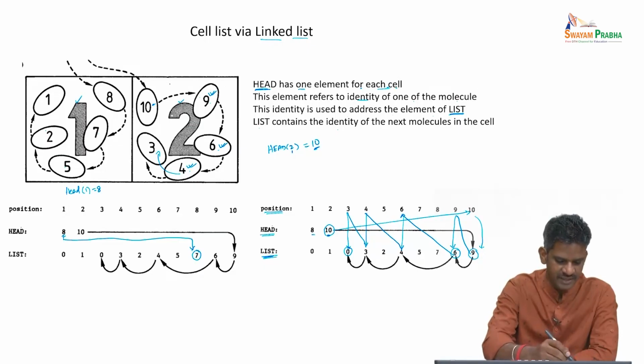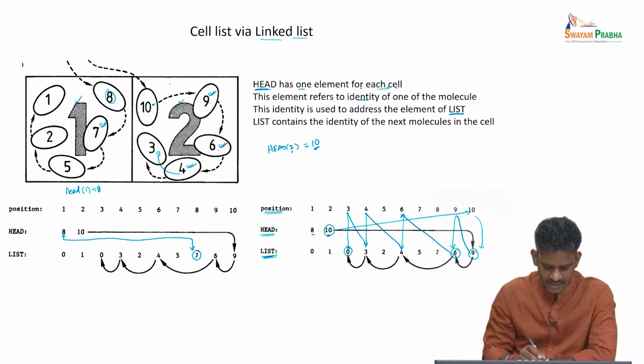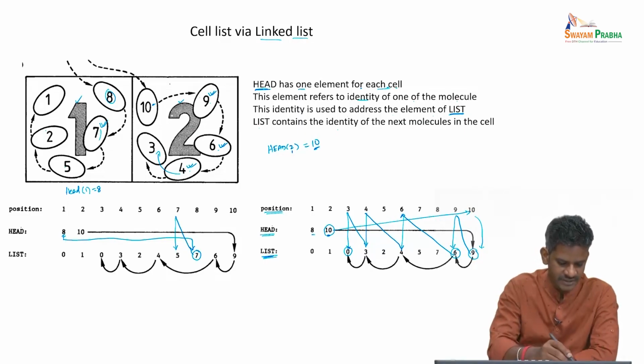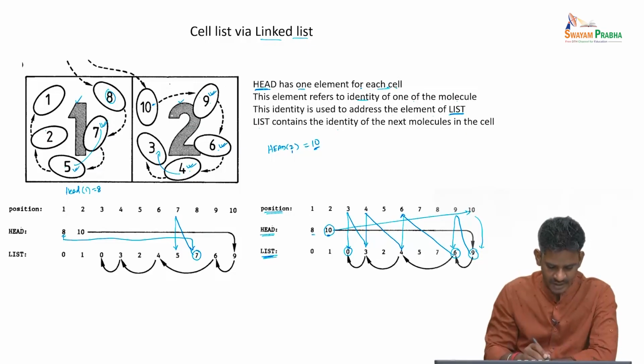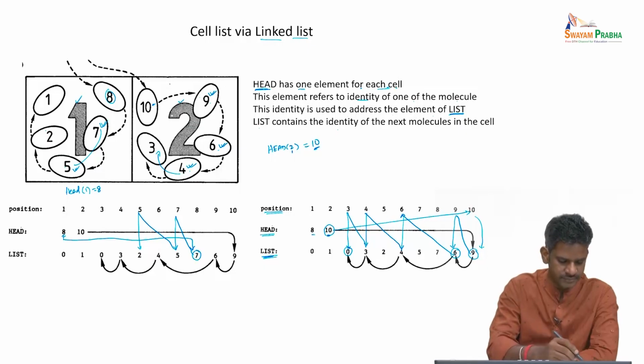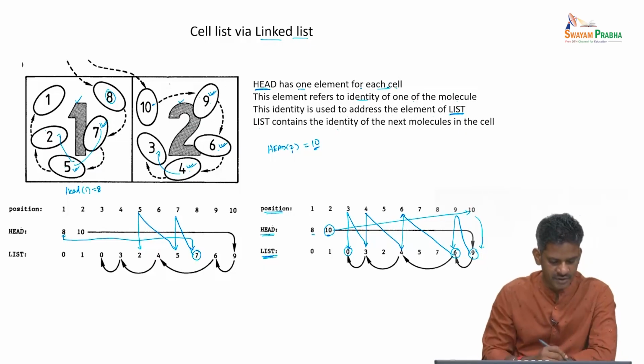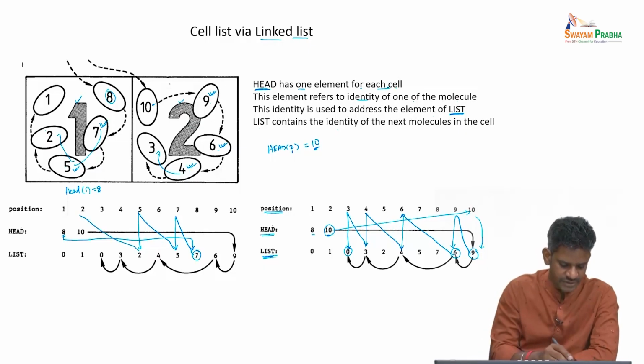The first atom is 8, then it points to atom 7, and then we go to the 7th position and it points to atom 5. That is our next atom, and then we go to the 5th position and it points to atom 2. We take molecule 2, go to the 2nd position, and it points to 1. That is the next neighbor, and then we go to the 1st position and it points to 0, and that is where you stop.